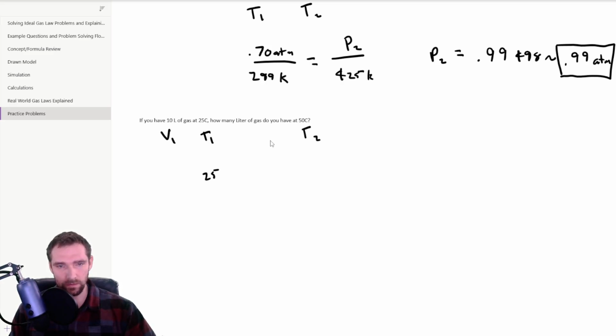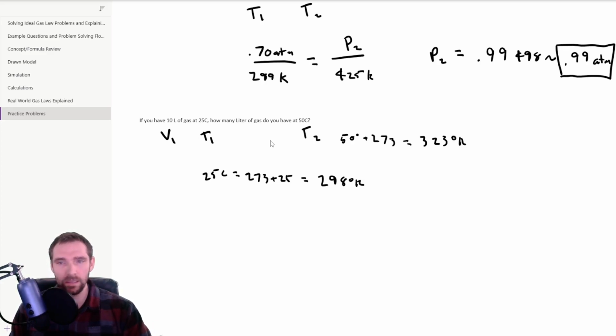So 25 degrees Celsius is 273 plus 25, which is 298. And the 50 degrees Celsius plus the 273 is equal to 323 degrees Kelvin. And this is degrees Kelvin as well. Sorry, my K's are very messy looking there.